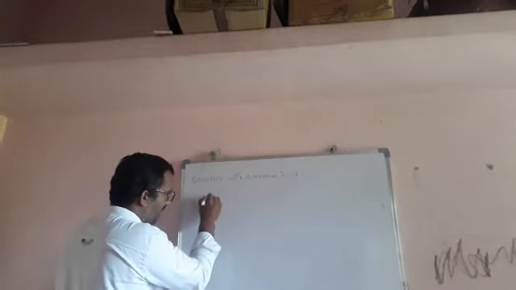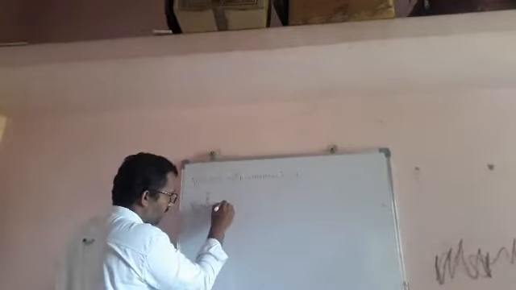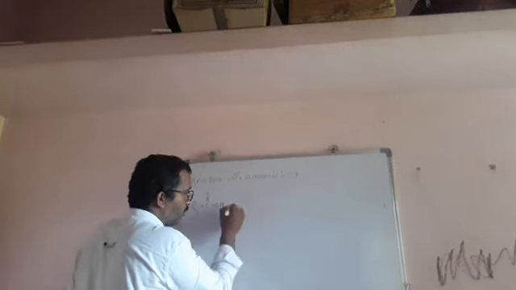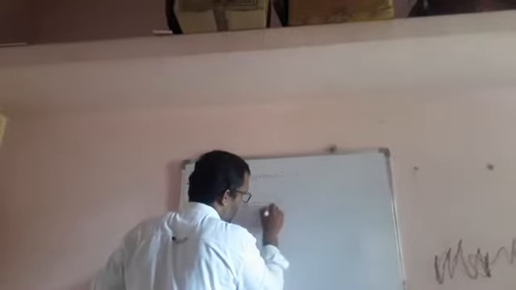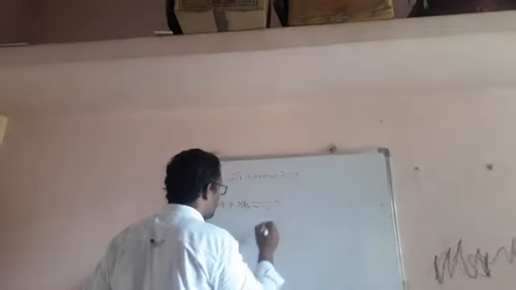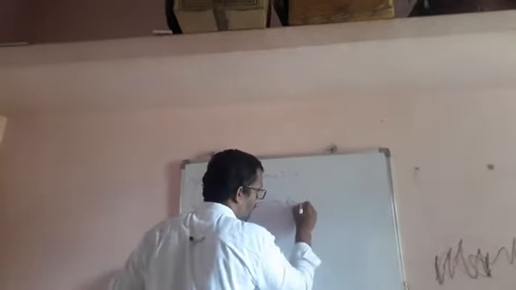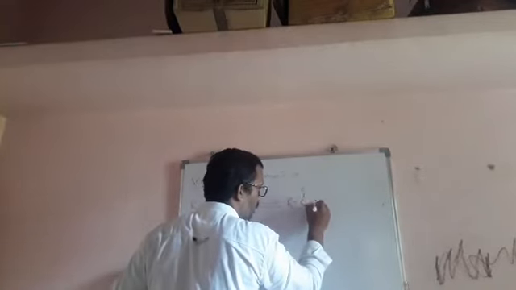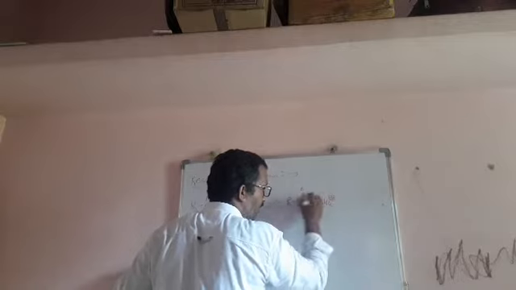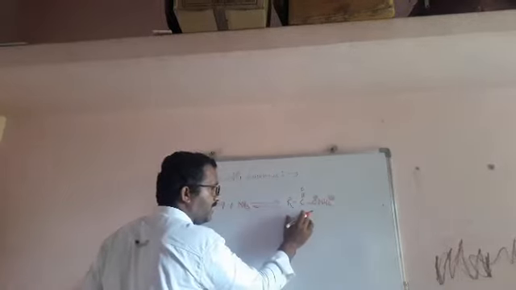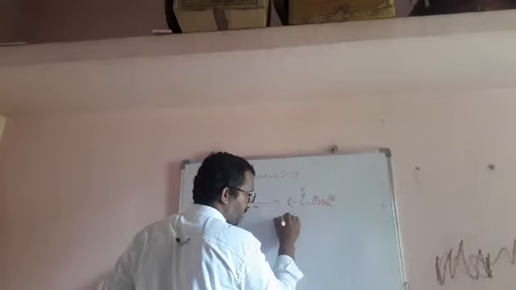The reaction is carboxylic acid, RCOOH, heated with ammonia. This reaction is reversible and forms RCOO minus NH4 plus. This is the ammonium carboxylate salt.